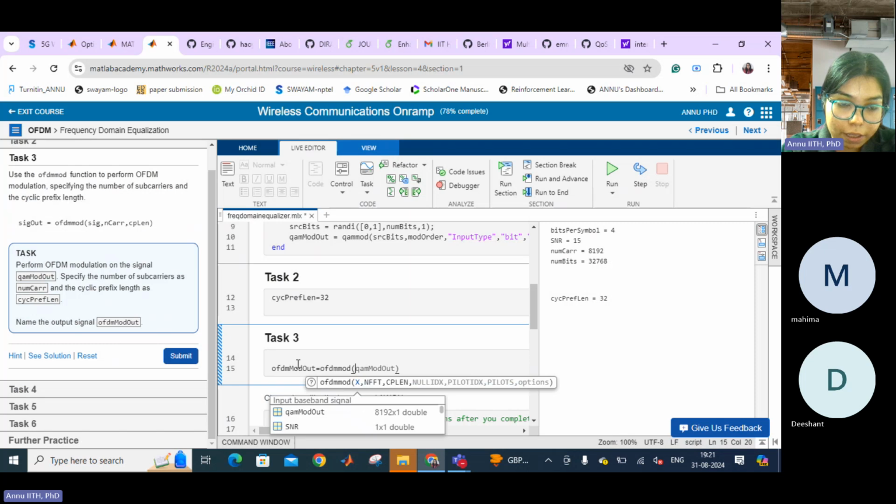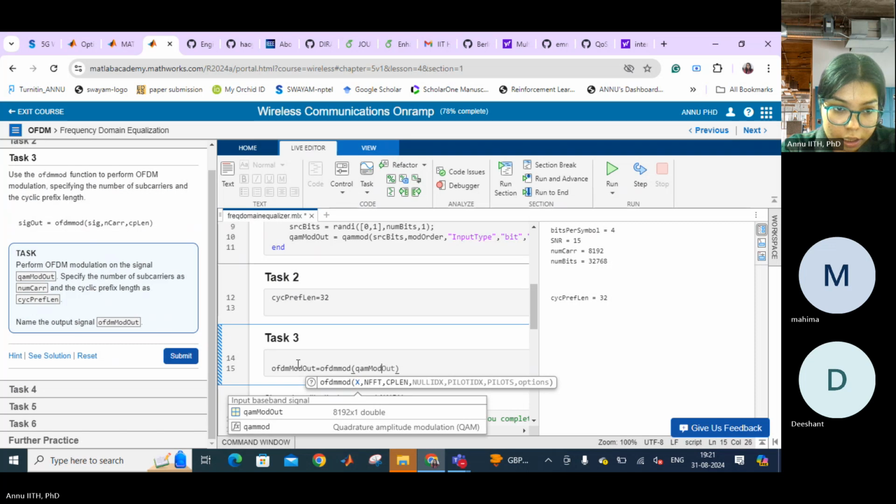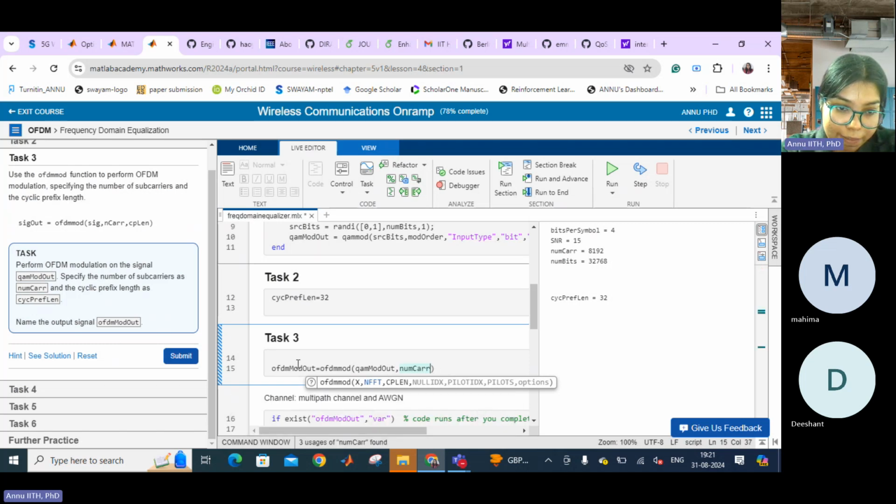What was the first input? That is the QAM mod out, the number of carriers we provided, and the cyclic prefix length.